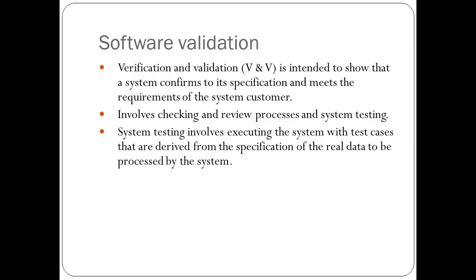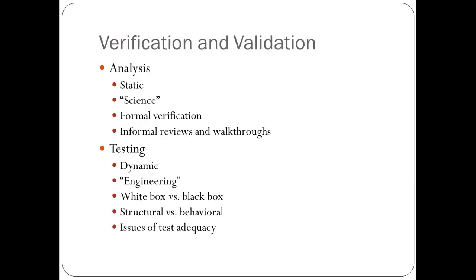Here we will use the real data as per requirement or specification. If it is okay, then we can validate our software accordingly. But we will apply verification and validation at each phase.